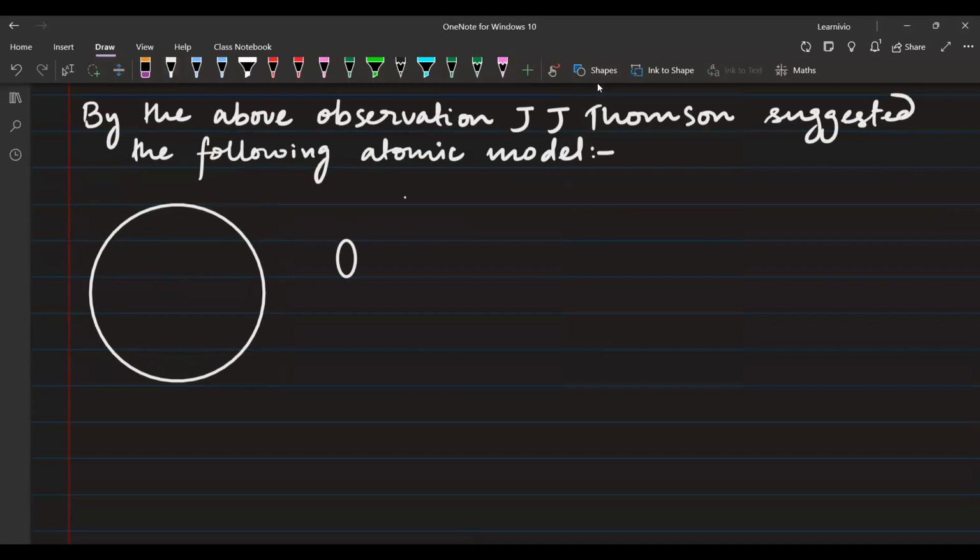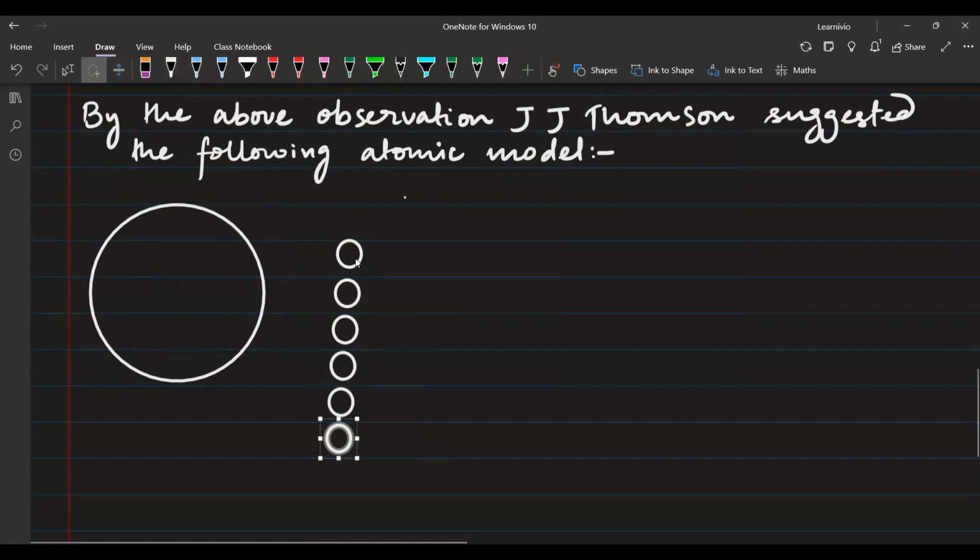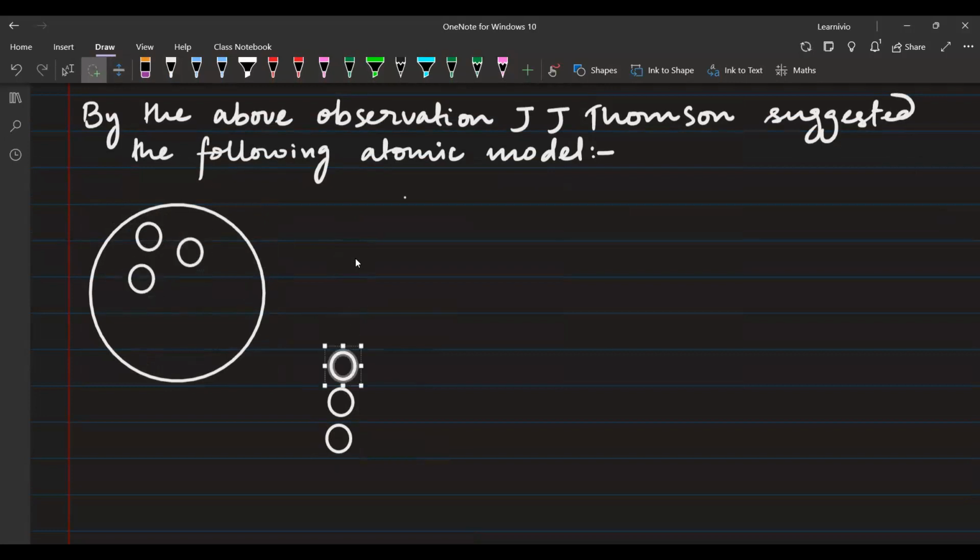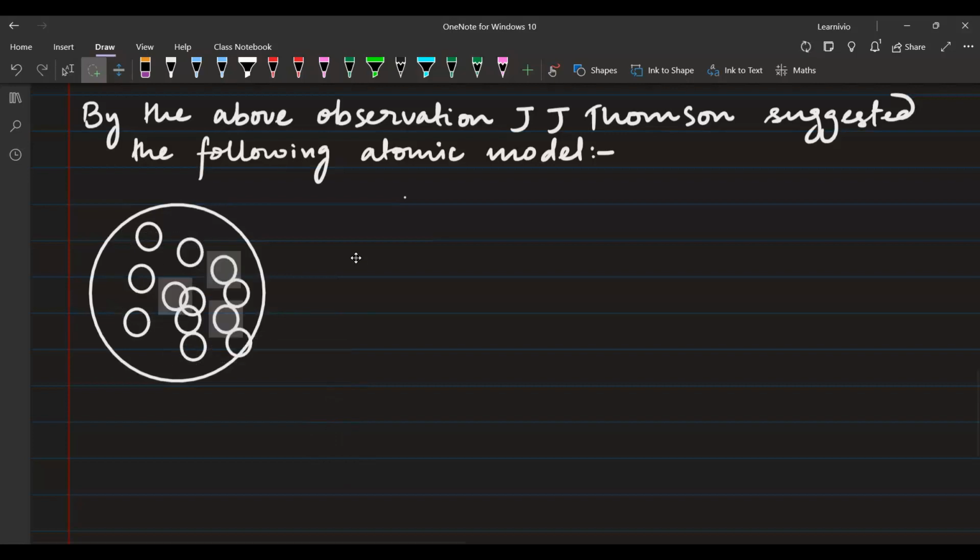And this particular atom will have some negatively charged particles, like this.